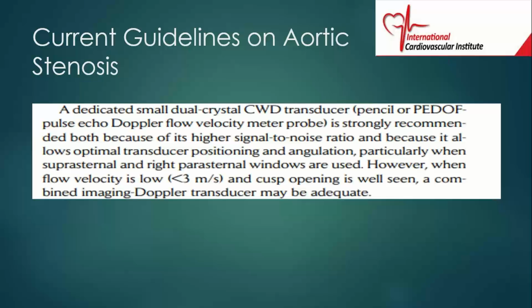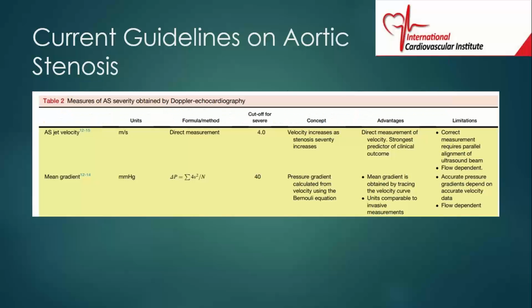It has a much higher signal to noise ratio, and you can position it and angulate it so you can get the ultrasound beam parallel to flow. So it's not uncommon to get your maximum velocity when you're using the PEDOF probe. When the velocity is low, however, less than 3 meters per second, you don't have to use the PEDOF probe.